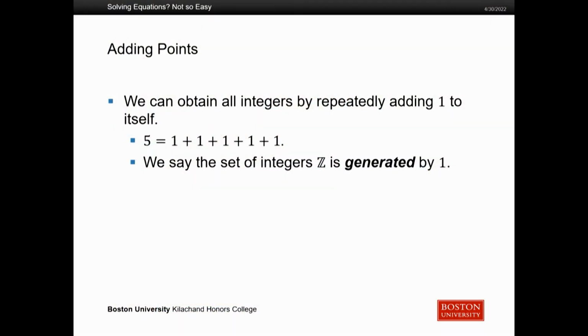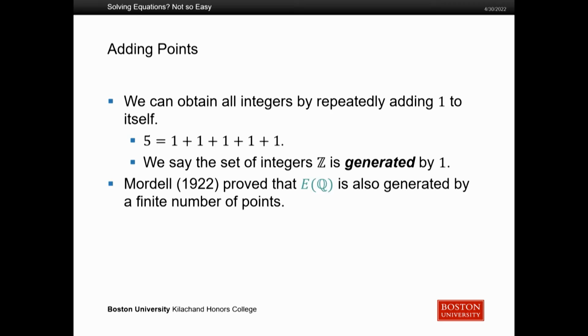And it has all the properties that you'd expect. So, for example, for integers, you can get all integers by just adding 1 to itself over and over again. For example, you can get 5 by adding 1 to itself 5 times. So in this way, we say the set of integers is generated by the number 1. Mordell proved in 1922 that the set of rational points on an elliptic curve can also be generated by a finite set of points.